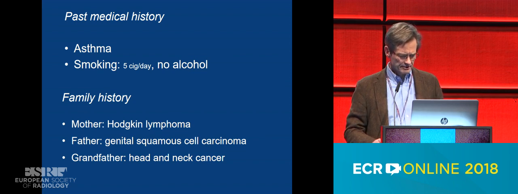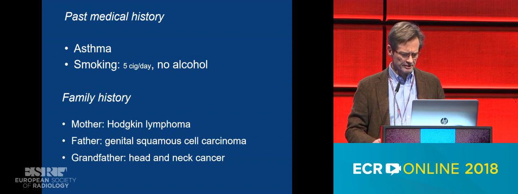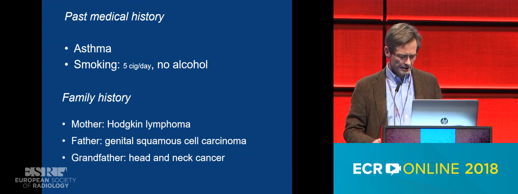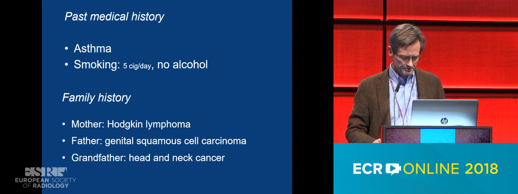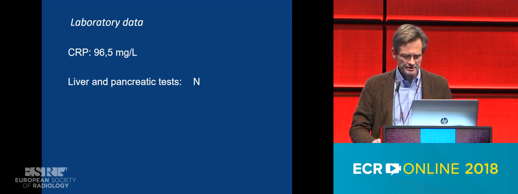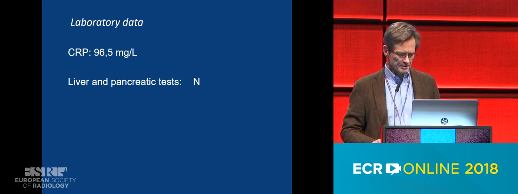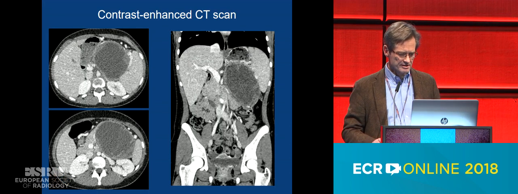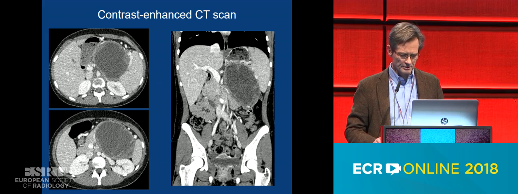Her mother had a Hodgkin lymphoma, the father a genital squamous cell carcinoma, and the grandfather a head and neck cancer. The laboratory data was unremarkable with the exception of CRP, and a contrast-enhanced CT was performed.